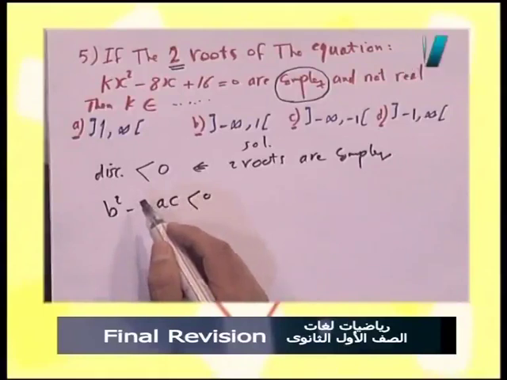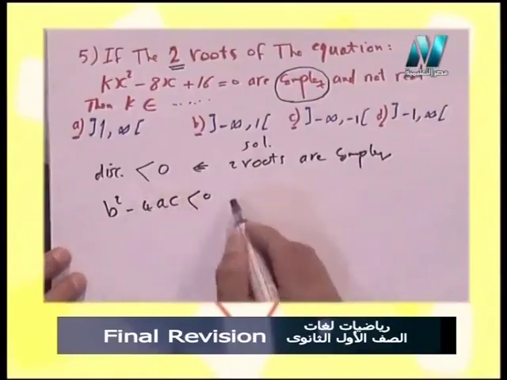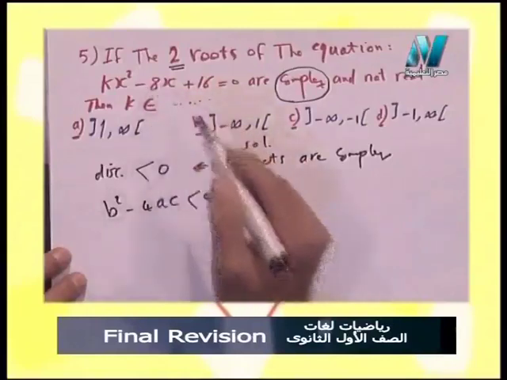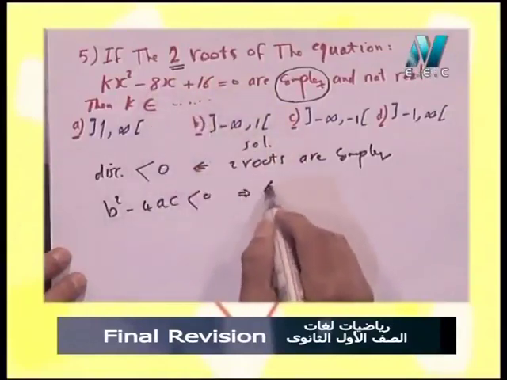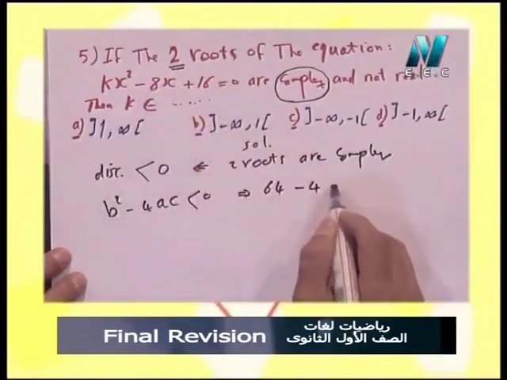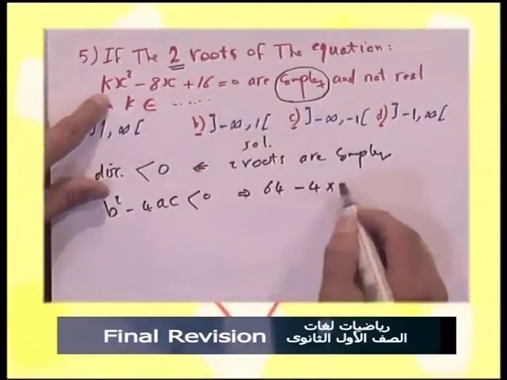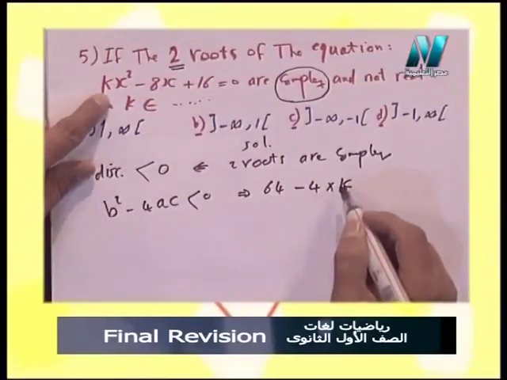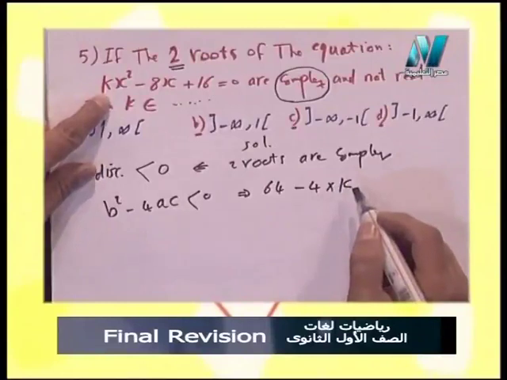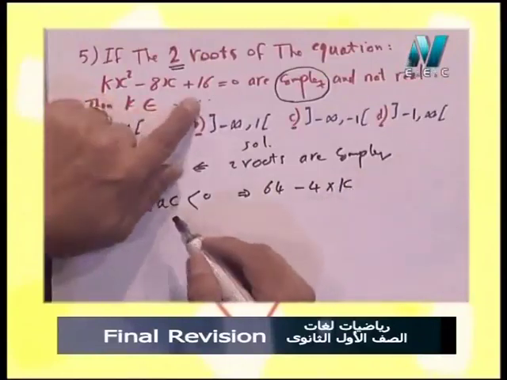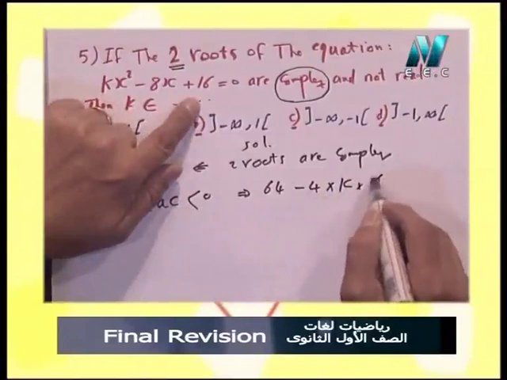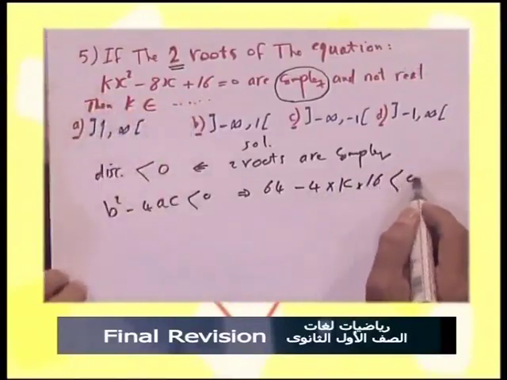Okay, b power 2 equals what? Equals 64 minus 4 multiply a, which is k, multiplied by c, which is 16, less than 0.